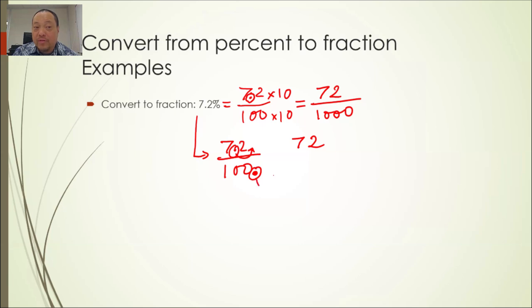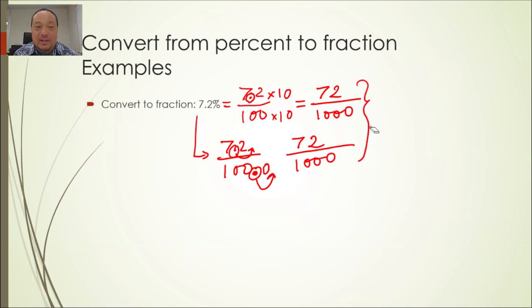I also need to move that by one place, because everything I do in the numerator, I need to do the same thing in the denominator to make it nice and even, right? So I moved this decimal by one place, I fill in with a 0, and that also gets me to 72 over 1,000.